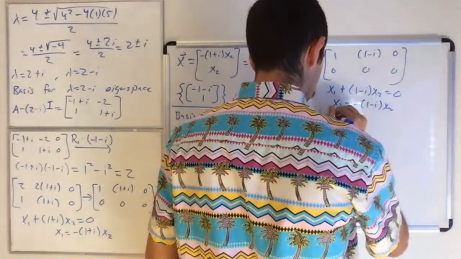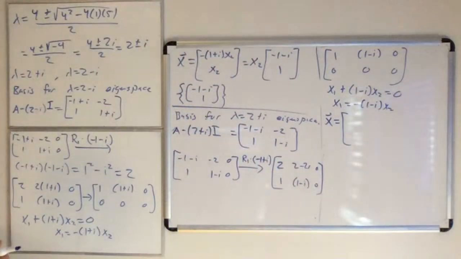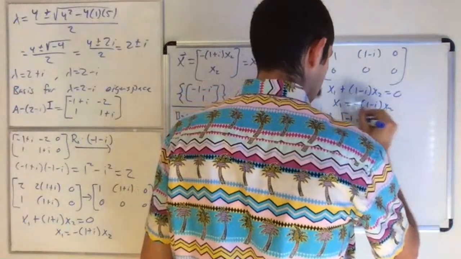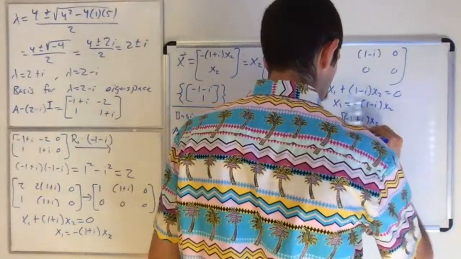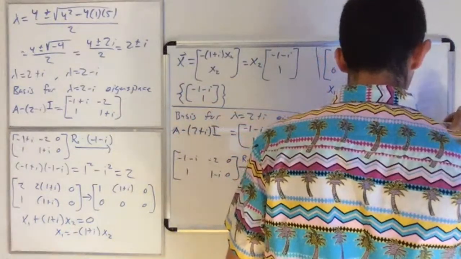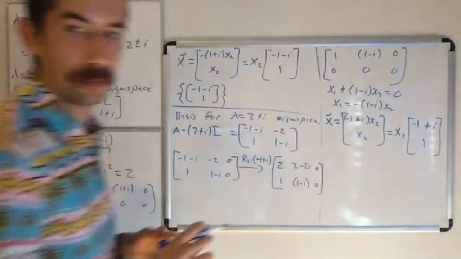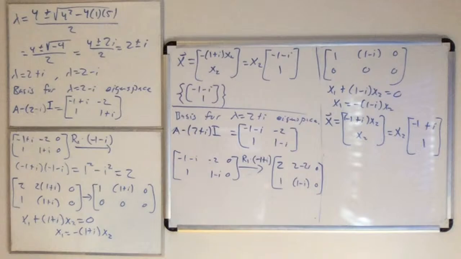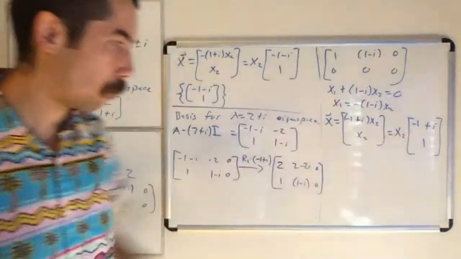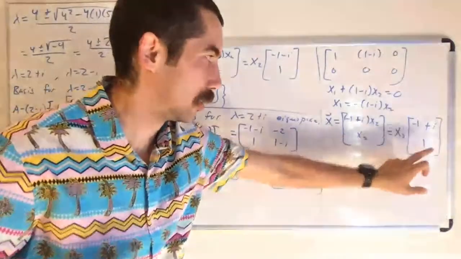And we have x is equal to -1 plus i times x2, x2. Which works out to x2 times negative 1 plus i, 1. And so the basis for the eigenspace is just this vector.